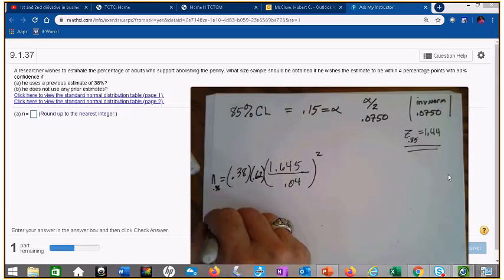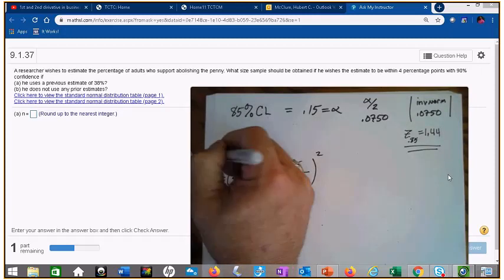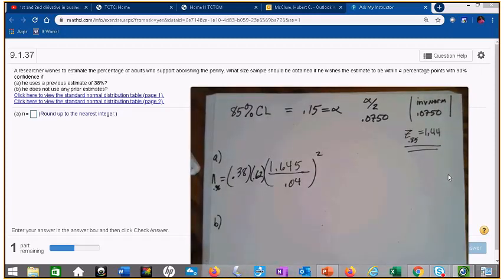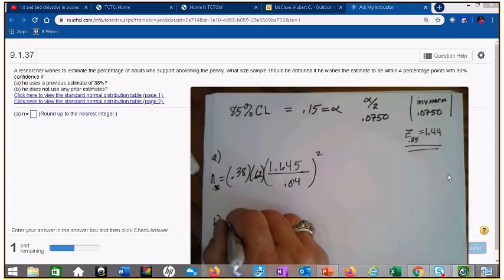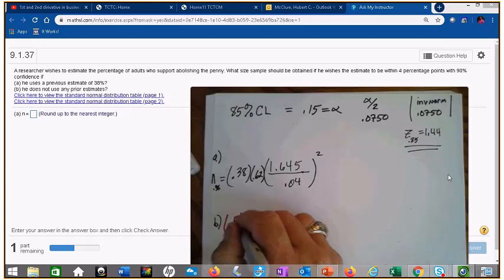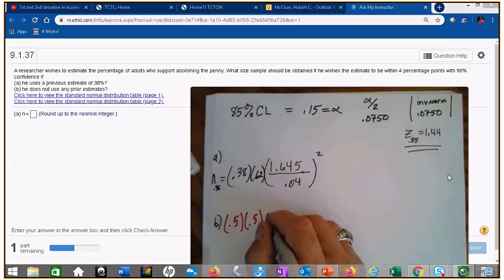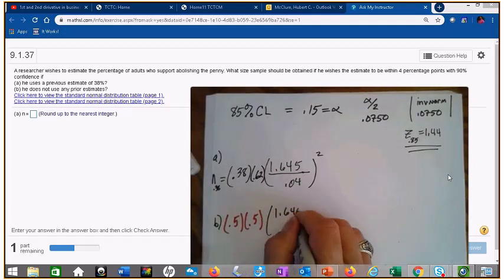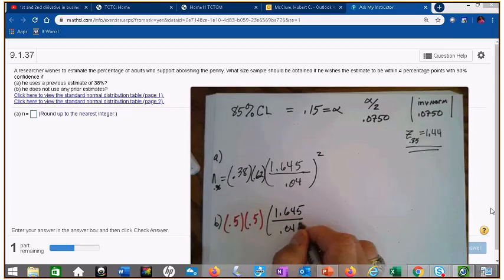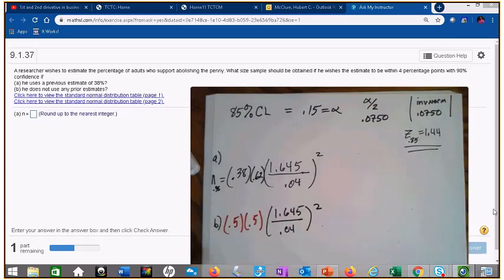But the second one, B, what's the difference between A and B? You're not given anything for P hat or Q hat. So you type in this and you do the same thing, and that comes out to be 0.25.